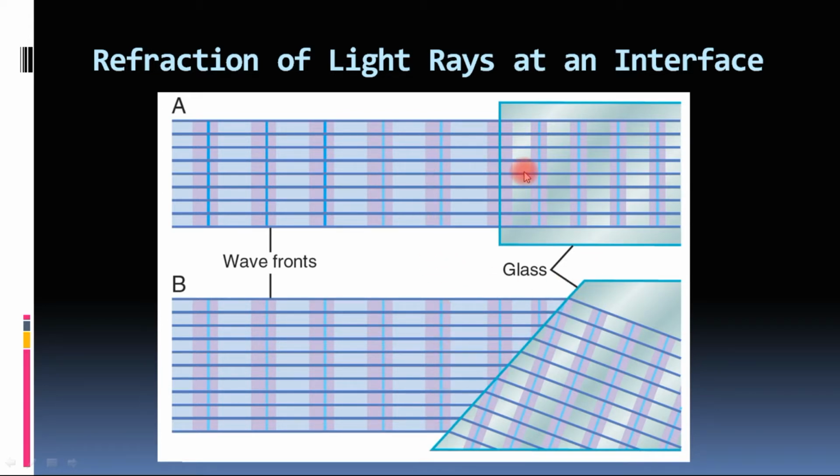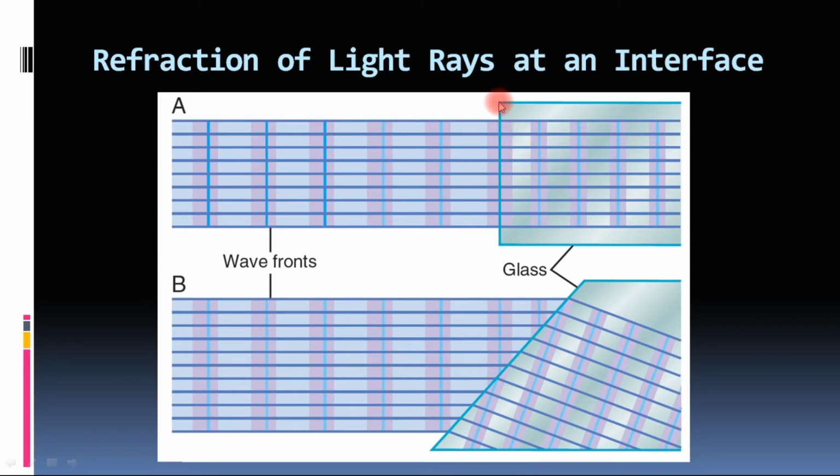In the previous case, the velocity of the light decreases, as you can see by the wave fronts. The distance between the wave fronts is more when it is traveling in air, where the light is faster, but when it is traveling in the denser medium with a higher refractive index, the wave fronts are closer, telling us that the velocity of the light has decreased.